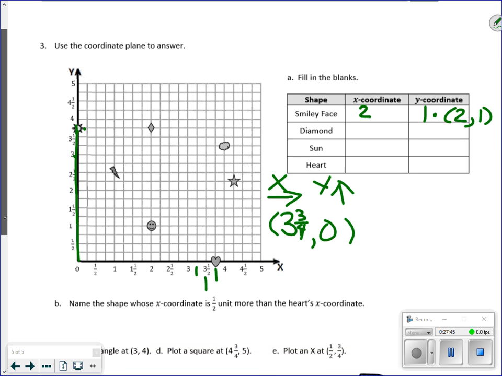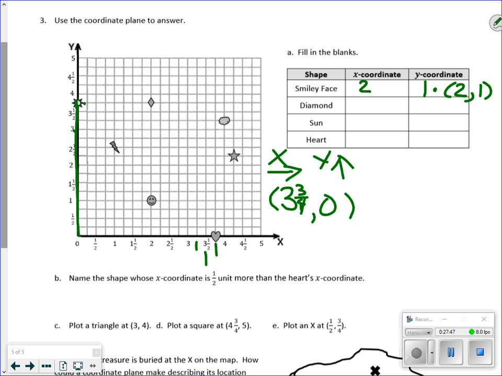Okay. Name the shape whose x-coordinate is 1/2 unit more than the heart's coordinate. So let's see, the heart's x-coordinate is 3 and 3/4. We need something that is 1/2 unit more on the x.